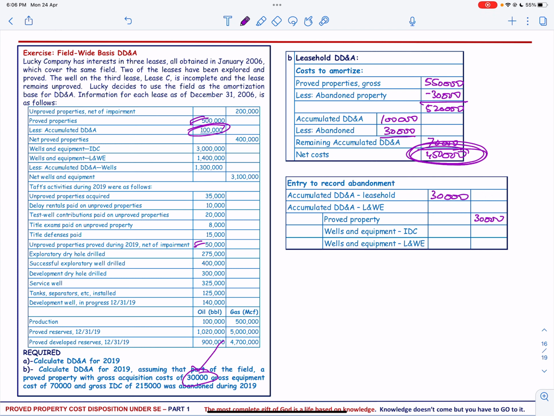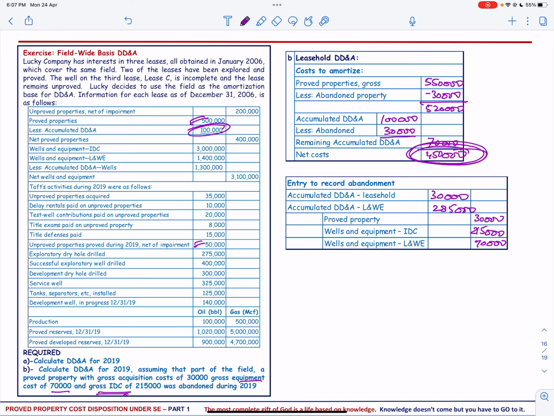At the same time you can see that gross equipment of 70,000 and gross intangible cost of 215. So intangible cost of 215 was abandoned, and lease and well equipment for 70,000 was abandoned, that makes 285 to be debited for accumulated DD&A for lease and well equipment.